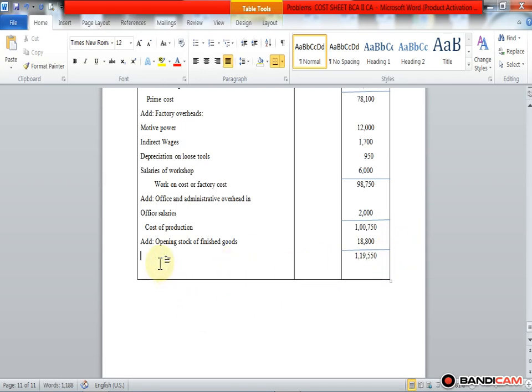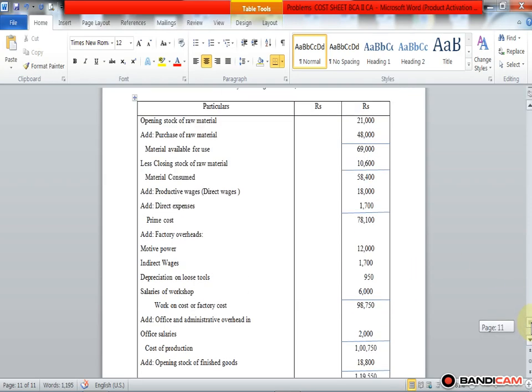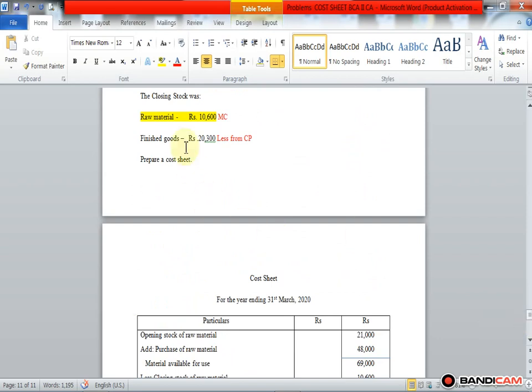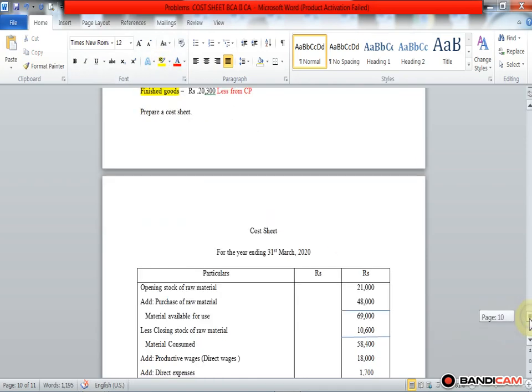Okay, then we deduct the closing stock of finished goods from cost of production. Closing stock of finished goods is given in the adjustment here. See the adjustment here, cost of closing stock of finished goods is 20,300.